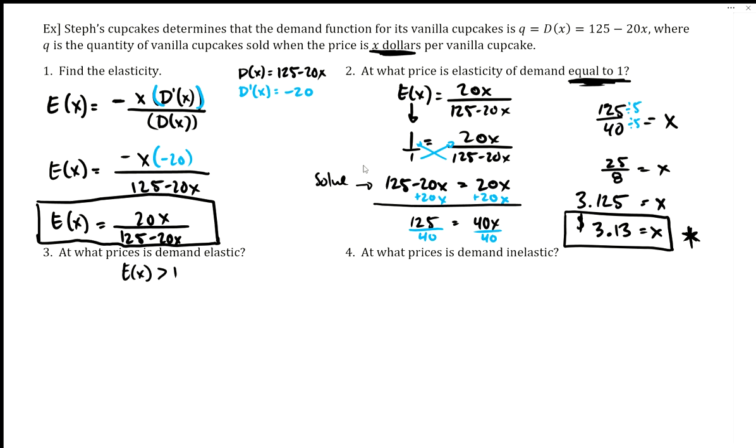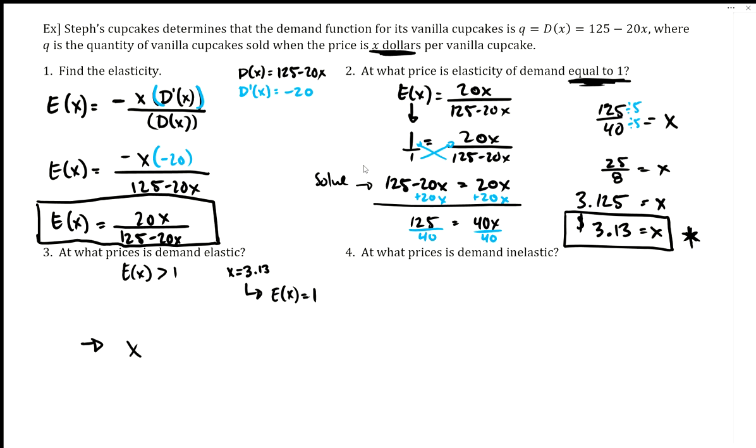Okay, so for anything, making sure it's greater than 1. So this is the X value. So let's write it right here. X equals 3.13 gives us E of X equaling 1. So that means we should just make this X bigger, and that should make our price elastic. Okay, so anything bigger than 3.13.